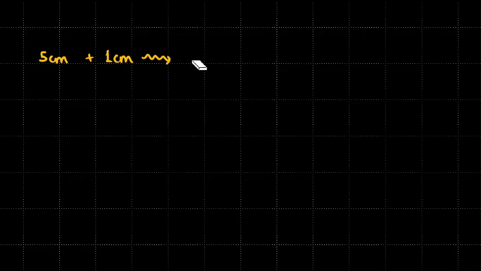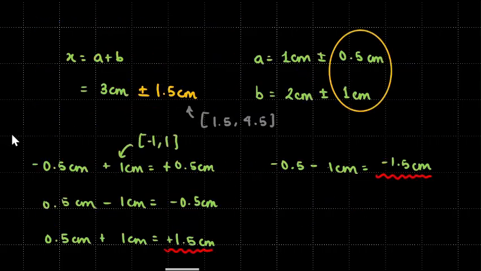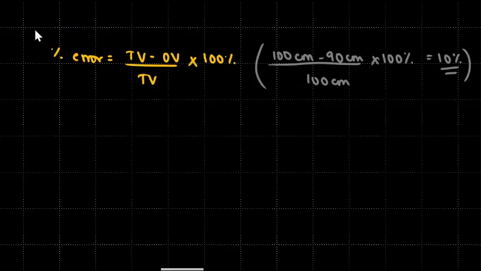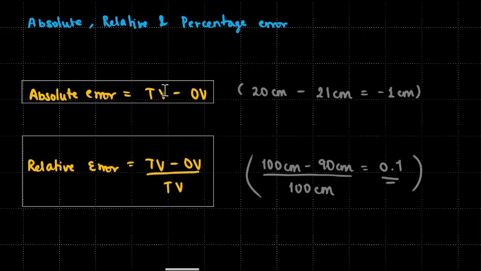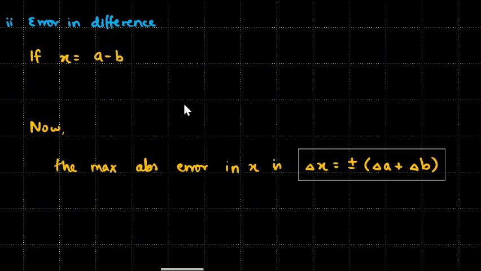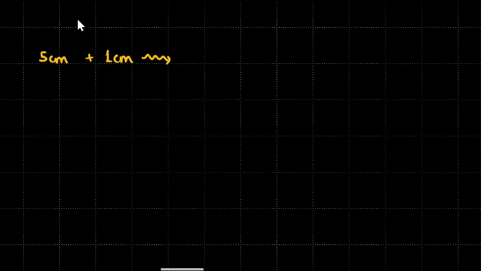Okay, let's go back to the formula so that we can understand it much more clearly, because even I got confused. So going back, the percentage error is true value minus observed value, so this is actually the absolute error by true value into 100%. So let's go back here. This is actually the absolute error, right?